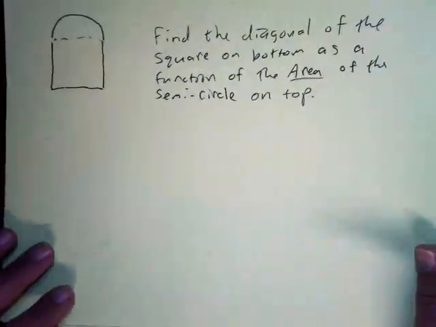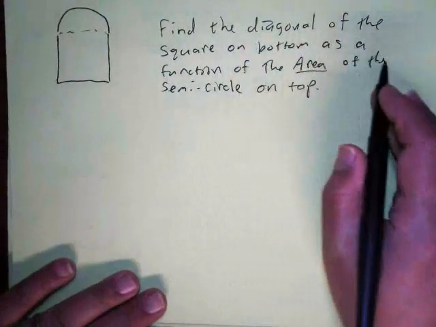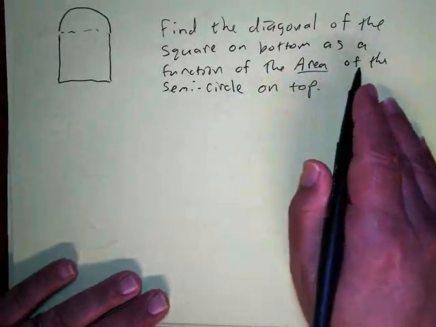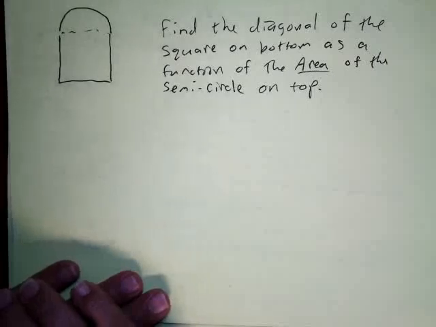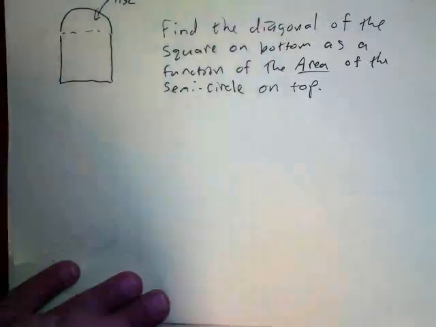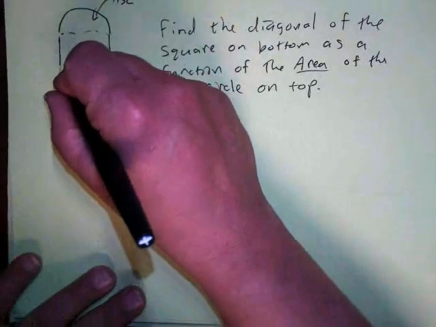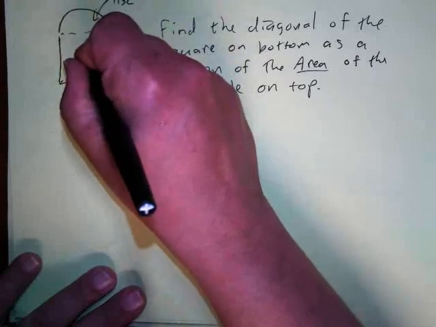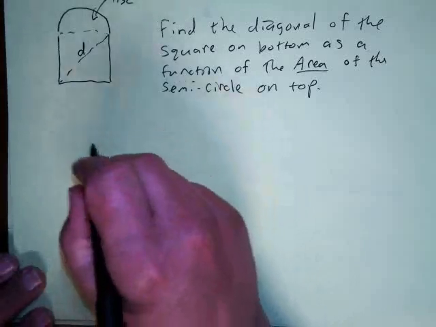So what I have here on the back is just something that's a little harder. And what this says is, find the diagonal of the square on the bottom as a function of the area of the semicircle on the top. So let's call this area ASC, area of the semicircle, and the diagonal of the square is right here, and we'll call that D. And so this is really asking for something weird, isn't it?